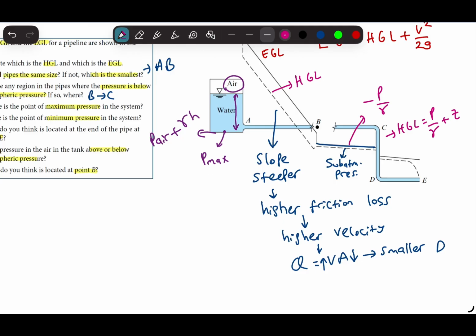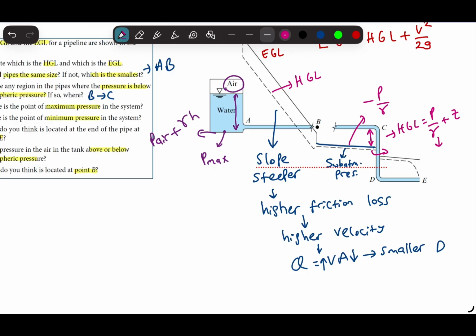So normally, once we have lower elevation, it means we have higher pressure. And for this situation, once we have a hydraulic grade line at a lower elevation, this means we will have a higher pressure.